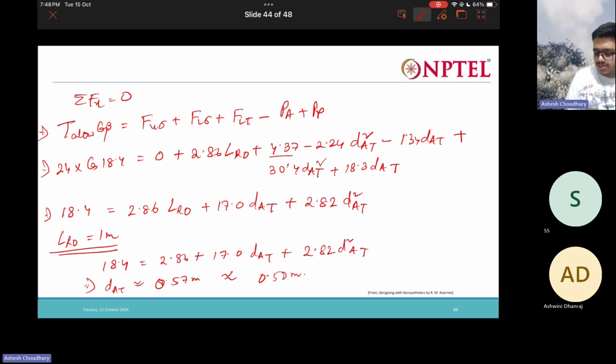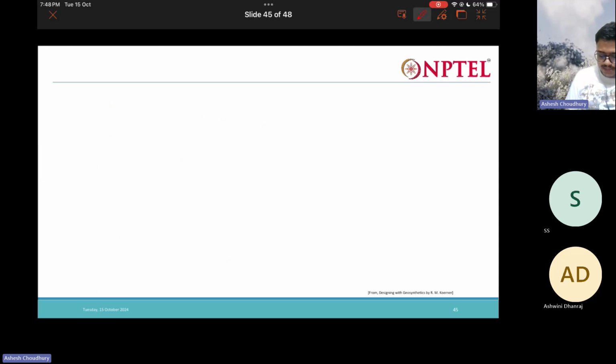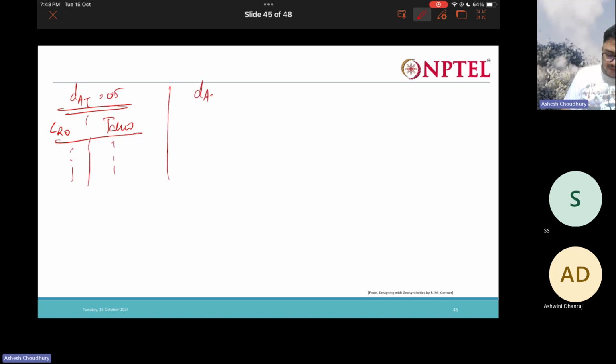So what we can do is finally prepare a chart. Say for d_AT equal to 0.5, we will get LR naught and here you will have T allowable. Like this we can get various values. You can change either d_AT or LR naught, since we have this expression.